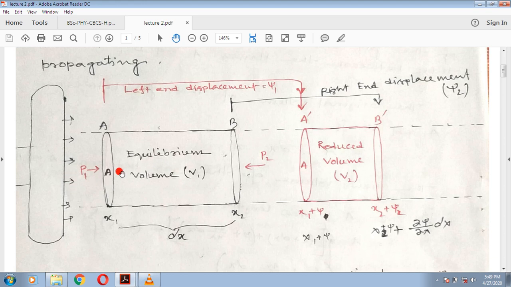So before allowing the longitudinal wave to pass, the equilibrium volume and pressure of this segment are V1 and P naught. Let P1 and P2 be the pressures exerted on the left hand and right hand of the segment when the wave passes through the tube.